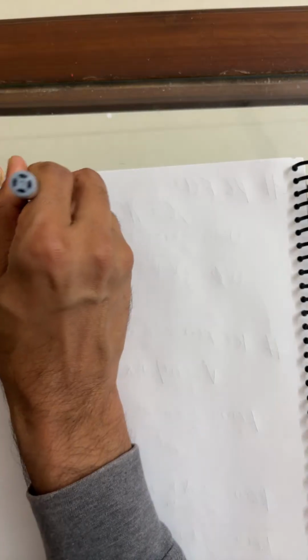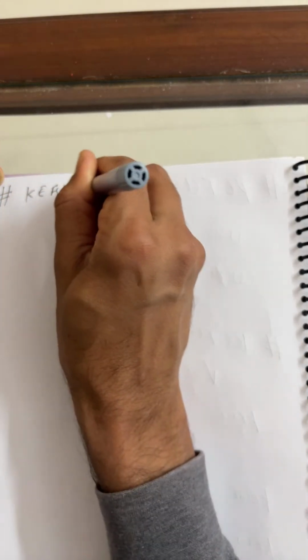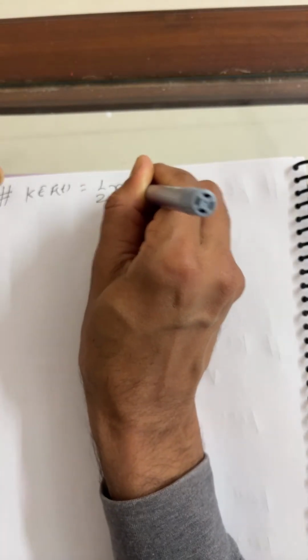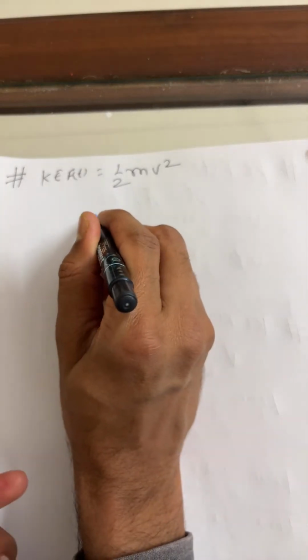This is the next derivation, kinetic energy as a function of time. First you need to write half mv squared. I hope all of you remember.